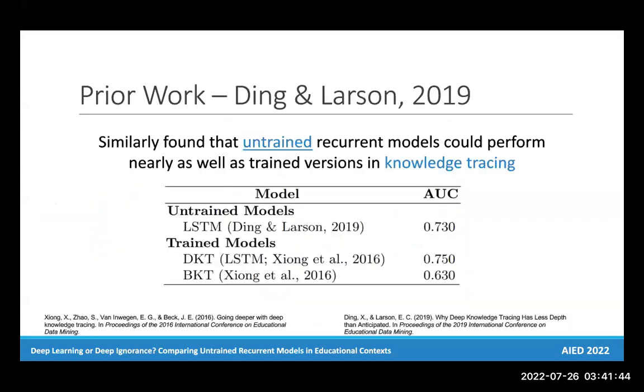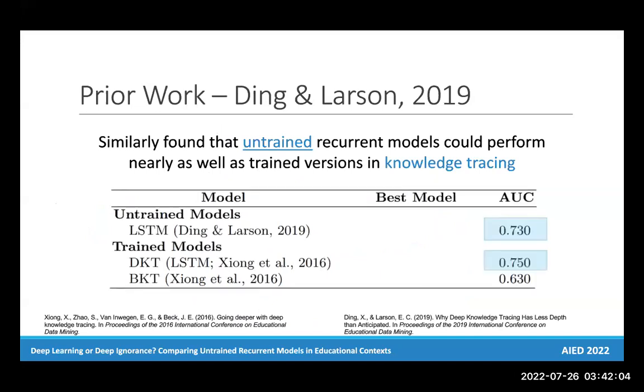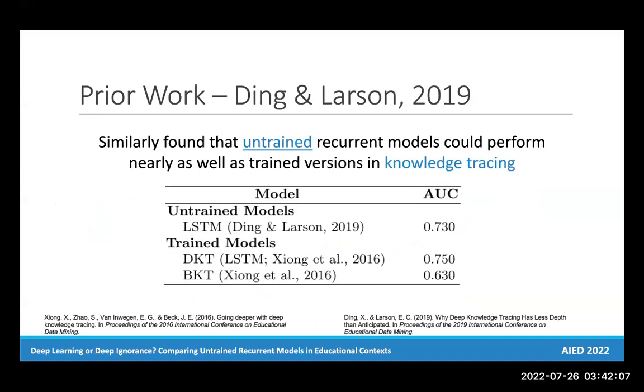It was also found in 2019 by Ding and Larson at the EDM conference that untrained recurrent models could perform nearly as well as trained versions of knowledge tracing. From that paper's table, you can see that their untrained model got a 0.73, and that's comparable to the DKT paper, which reported a 0.75, and a replication of that work presented in Shang et al., which also reported BKT to have a 0.63.